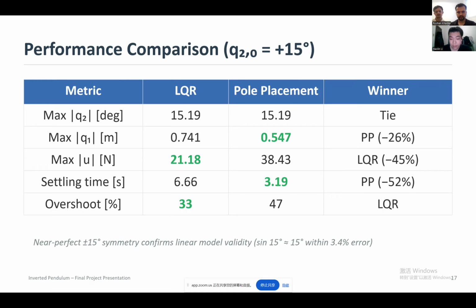This means how much the angle goes past zero in the opposite direction. LQR has 33% overshoot, and pole placement has 47%, so LQR gives a smoother recovery. To summarize the table, pole placement is faster and moves the cart less, but LQR uses much less force and has less overshoot. Here is the clear trade-off.